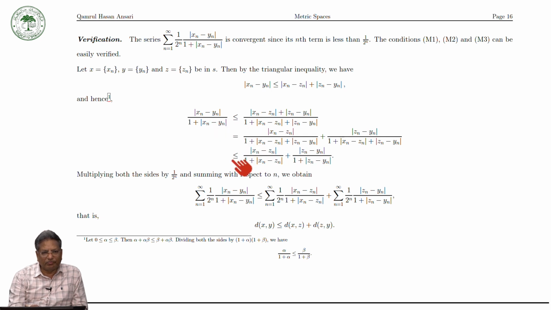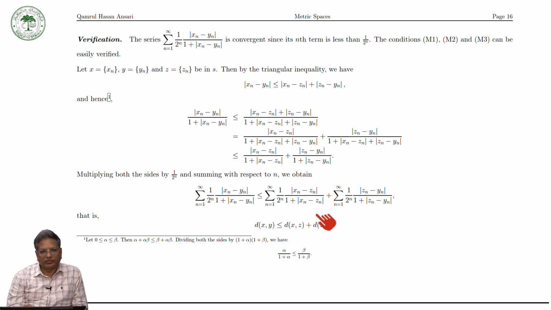Then we can multiply both sides by 1 upon 2 raised to the power n and take the summation i runs from 1 to infinity. We will have this one. And this is equal to dxy, this is equal to dxz, and this is equal to dzy. So we have seen that dxy is less than or equal to dxz plus dzy.